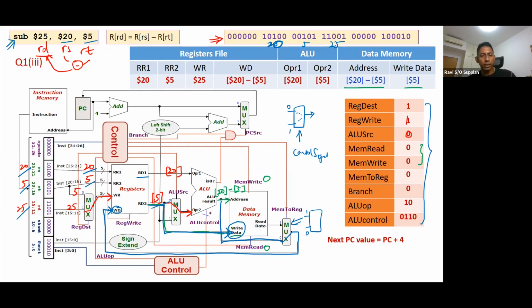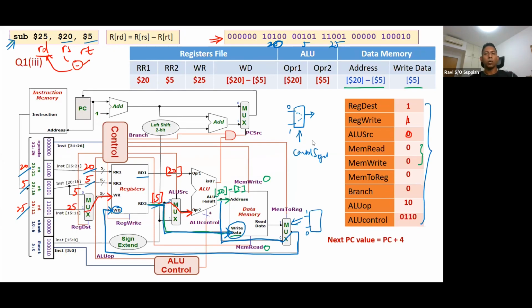If memread is 0, I will ignore whatever address is on the address bus, because I'm not going to output anything new onto the read data pins. So I'm not going to perform any read or write access if memread or memwrite are 0. Only if either of them is 1 do I perform that particular operation. If not, I do not do anything.